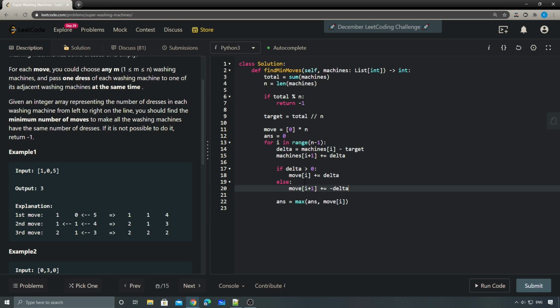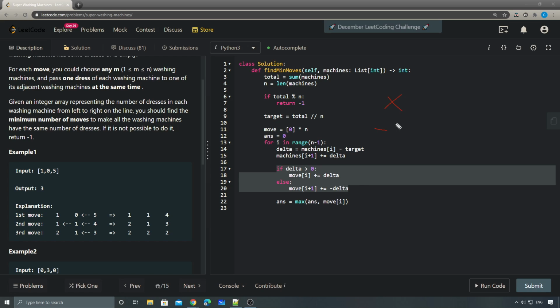negative delta. This part, I know it's kind of tricky. So why is that? Let's say there are two cases, right? If the delta is negative, let's say we have a -2 here.